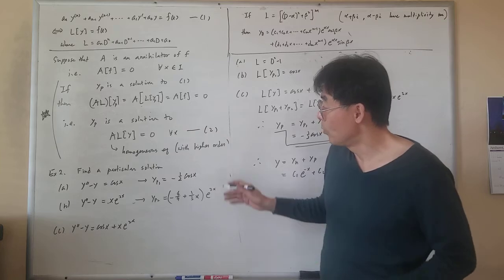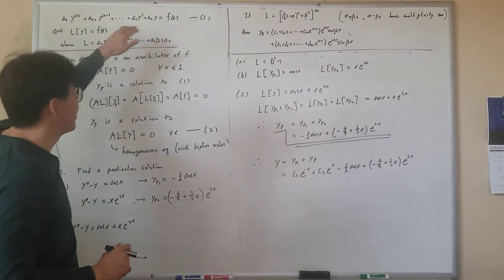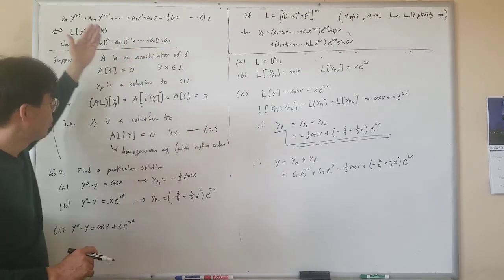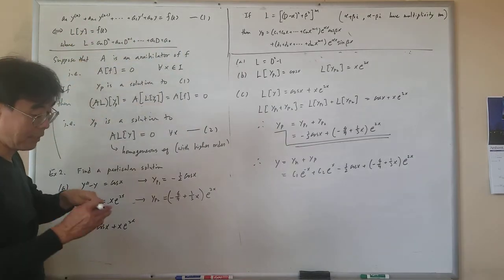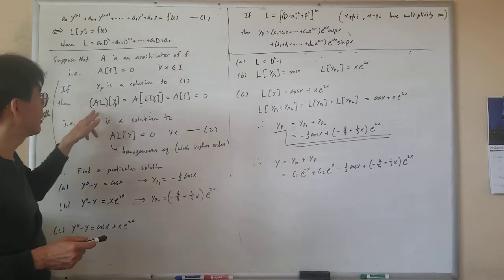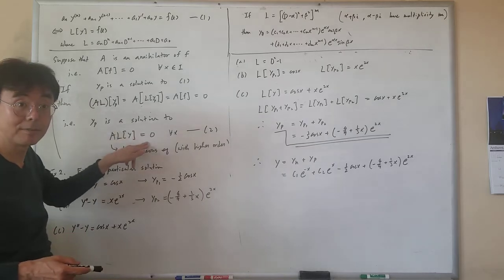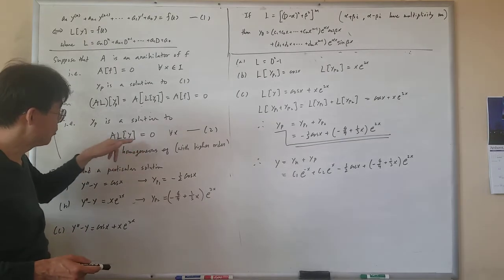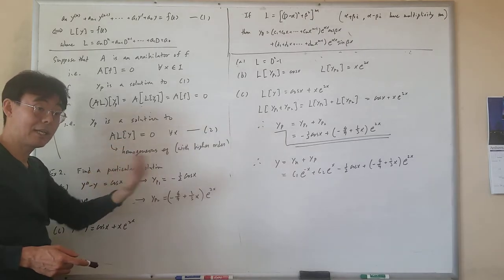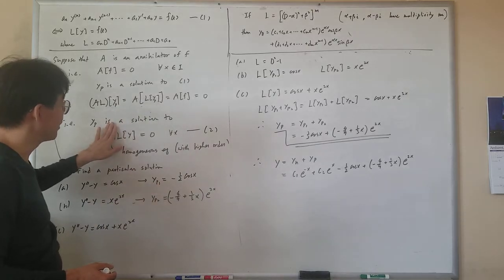So what we have done here so far is, in order to find a particular solution for a non-homogeneous equation, we found the annihilator of the source function f, and then considered the bigger homogeneous equation AL of y equals 0. From that general solution of AL of y equals 0, we take out the part from the general solution of L of y equals 0.